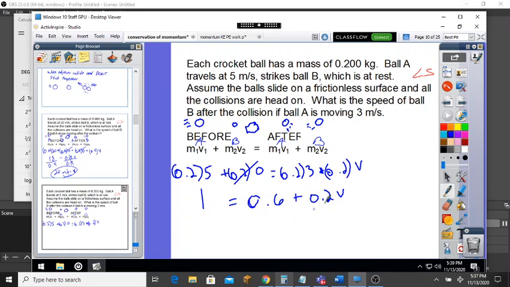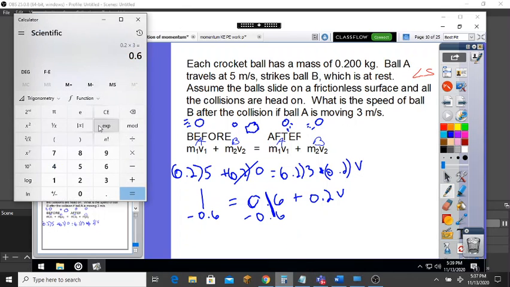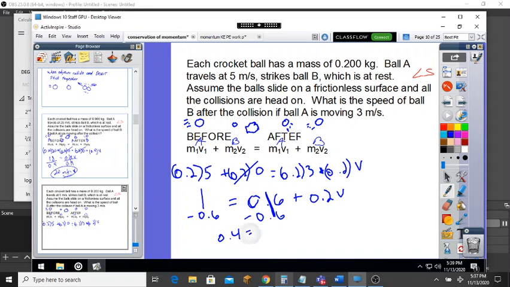So what we're going to do is this. We're going to move it to the other side, but we're not going to divide because here we have plus, right? We're going to combine like terms. So 0.6 plus 0.2v. To move it to the other side, you need to subtract, you need to do the opposite. So 1 minus 0.6 gives me 0.4 equals 0.2v.